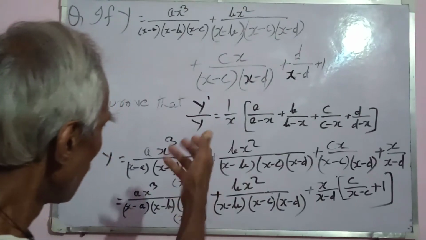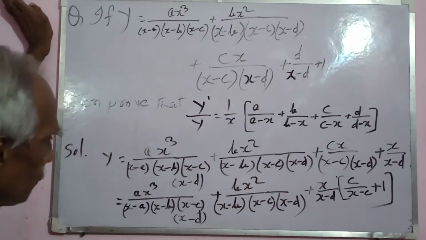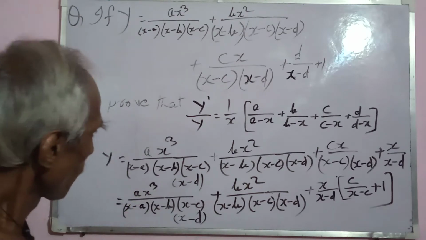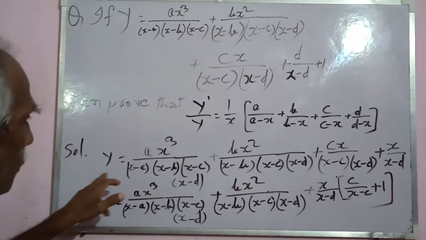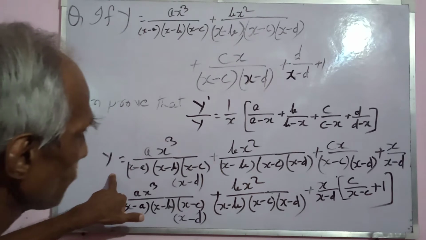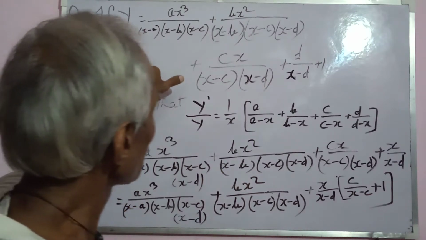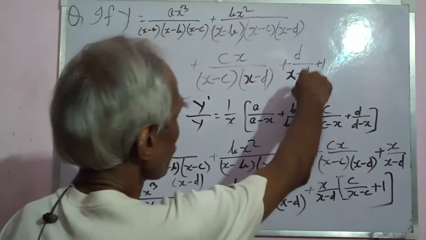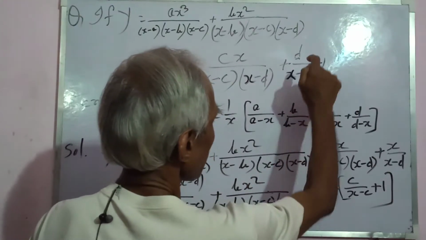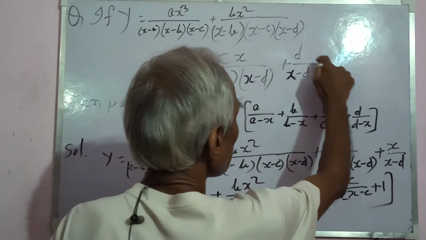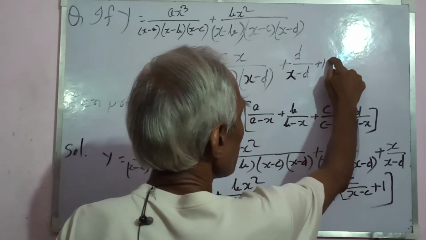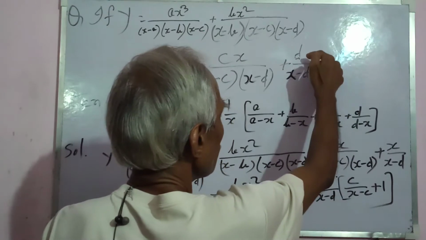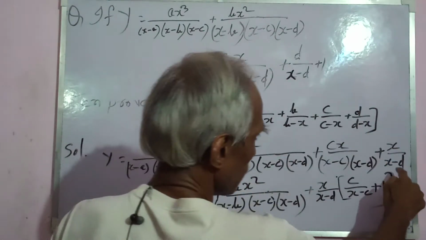Now see how we will solve the problem. See here. This term can be written as d plus x minus d, plus d, and minus d will cancel, then 1 by x minus d will remain.